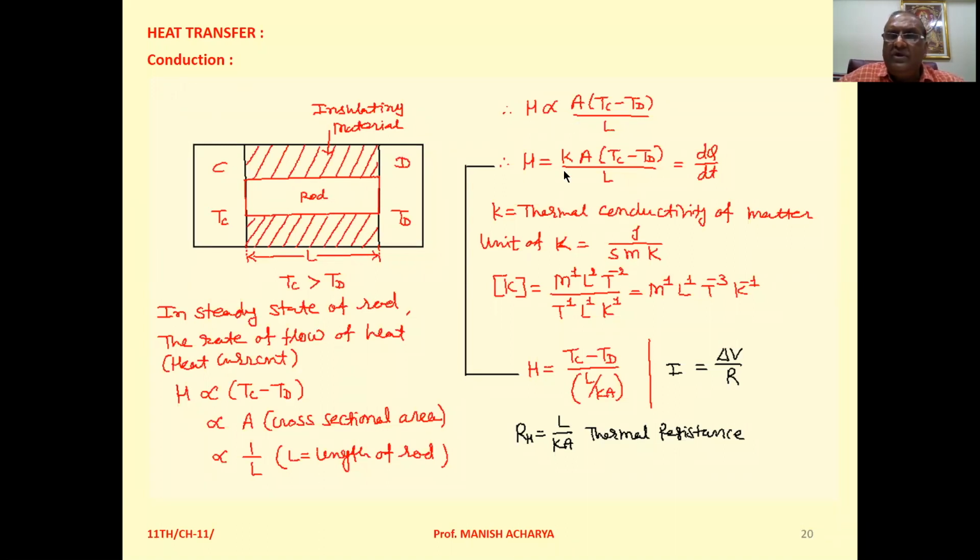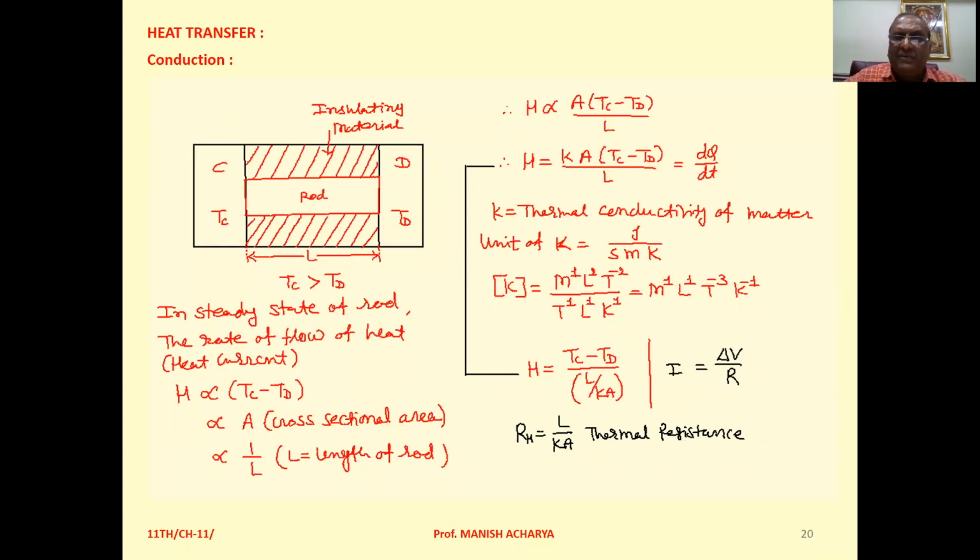Here we have to introduce one proportionality constant. So we can write H, the heat current flowing through the rod, equal to KA (Tc minus Td) upon L. It is also denoted by dQ/dt, where K is the thermal conductivity of the material, and its unit will be joule per second meter Kelvin.